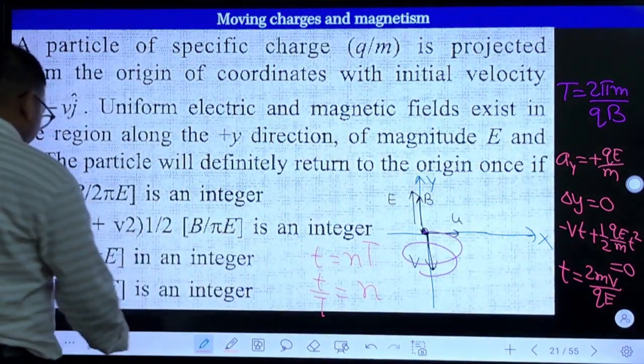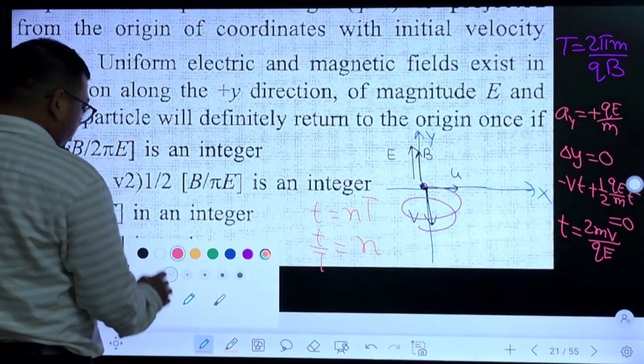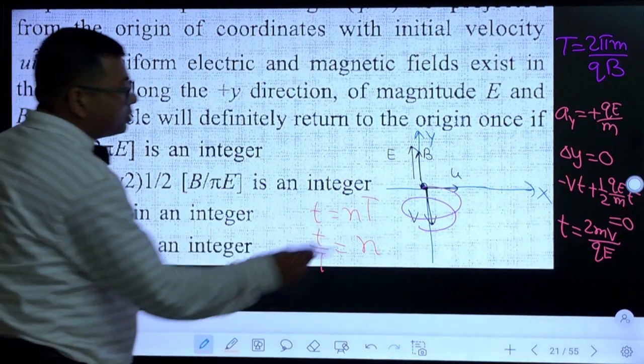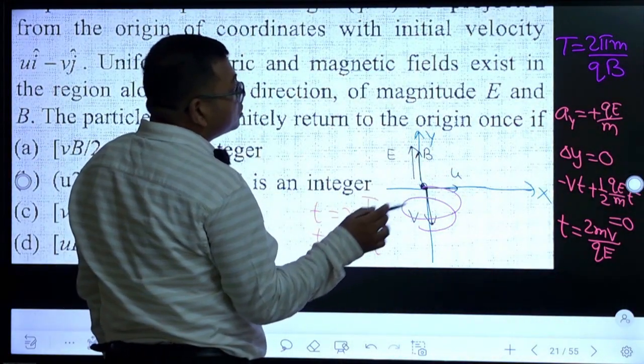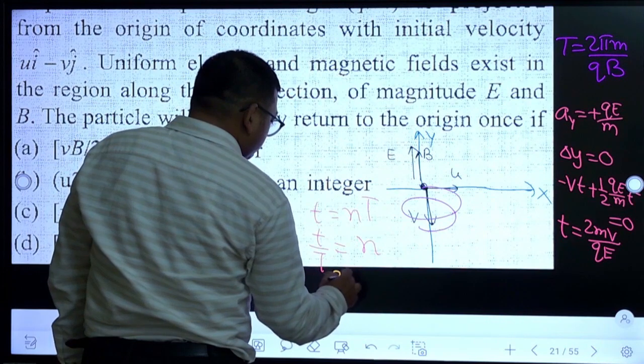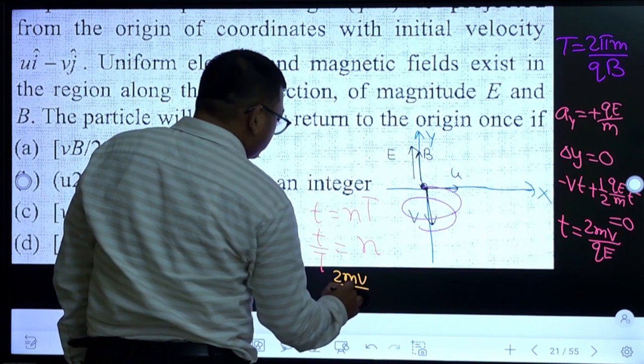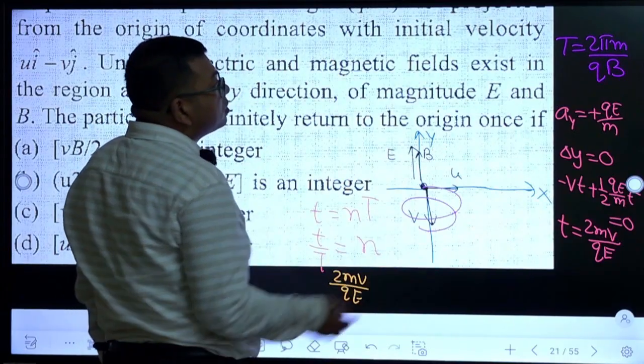So try to take that ratio, small t by capital T. Small t by capital T is what? Check out that. So small t is 2mv by qE divided by capital T.